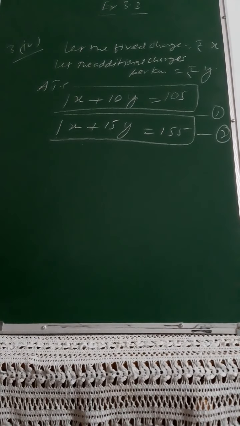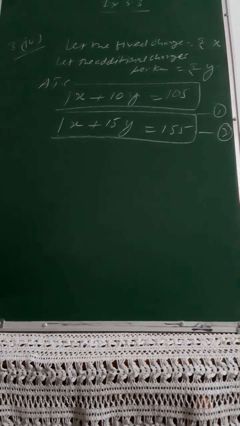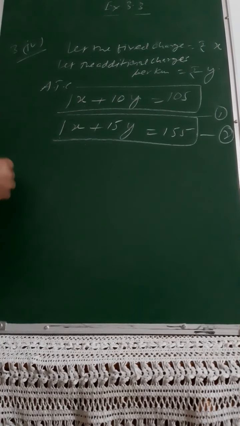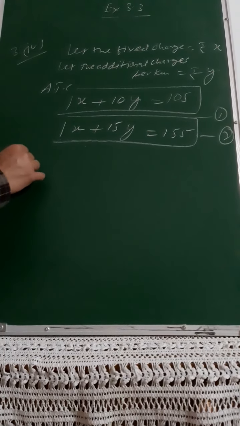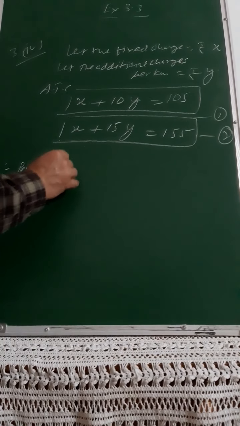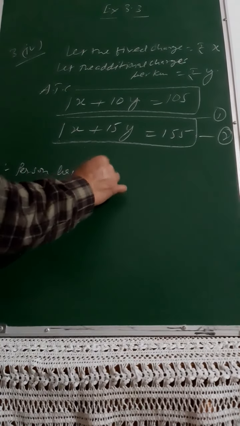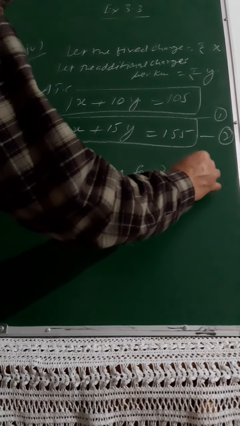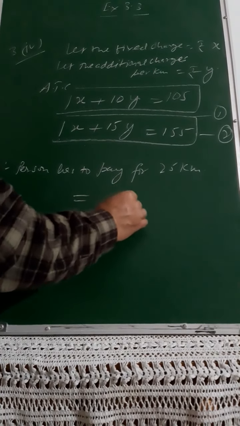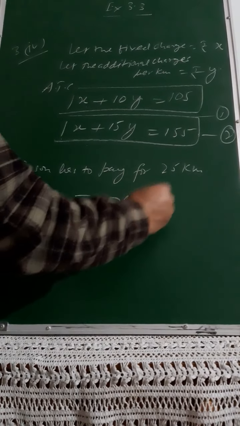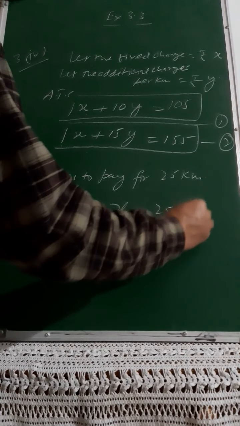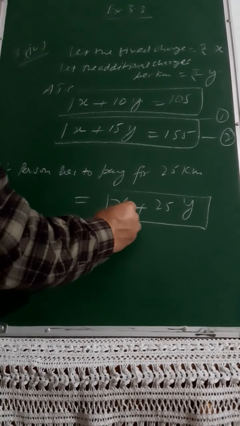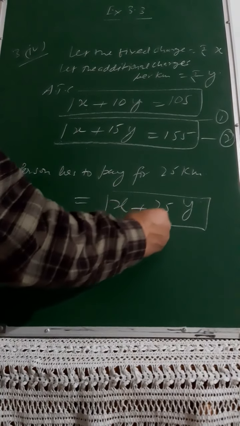And finally what is asked: how much does a person have to pay for traveling a distance of 25 kilometers? So the amount a person has to pay for 25 kilometers will be equal to X, whatever you will be getting, plus 25 into Y. So put the values of X and Y, multiply Y by 25, and add.